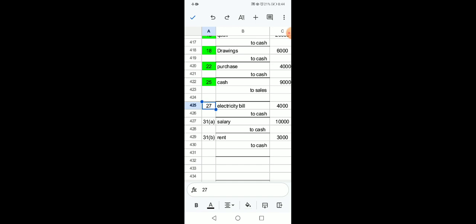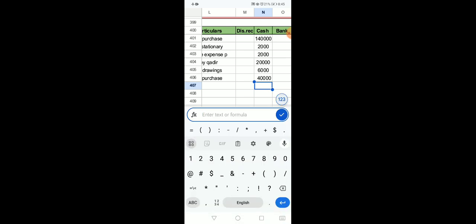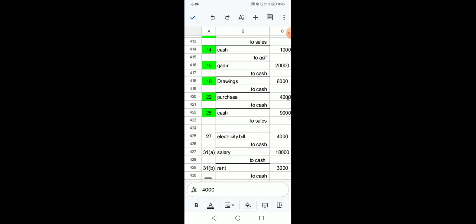Now we are on 27th entry, where there are two elements, but only one element is related with cash book, that is cash. Cash is credited by 4,000. Go to the credit side and write 4,000 over here in cash column of credit side. Now see its reference, that is electricity bill, which is written on the opposite side of the cash.